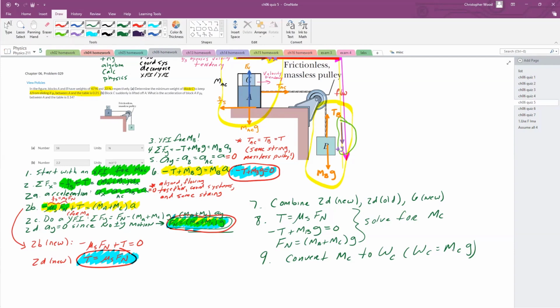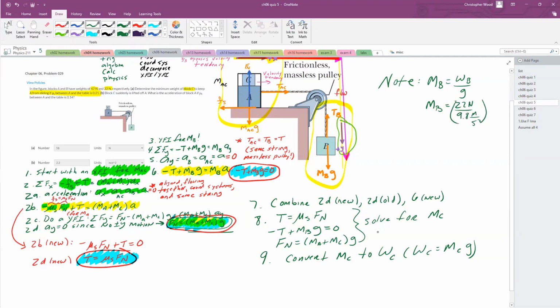Oh, one thing I'll note. What's the mass of B? The mass of B equals the weight of B over G. So for me, the mass of B equals the weight of B, 22 newtons, divided by 9.8 meters per second squared.